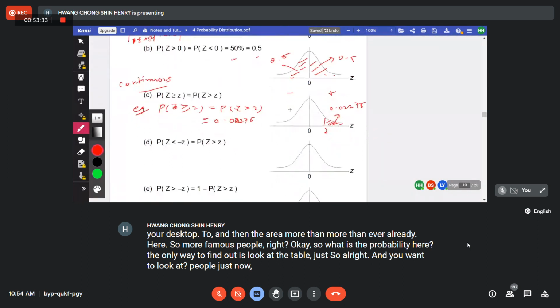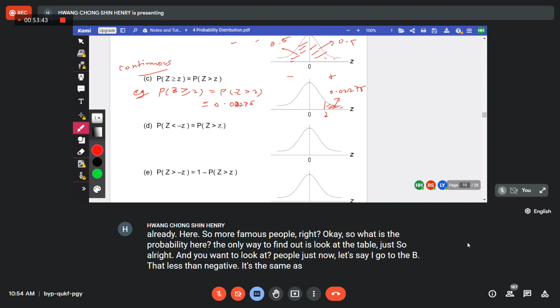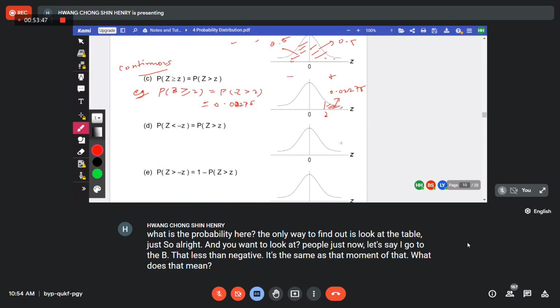Now, let's say I go to the D, Z less than the negative Z. It's the same as Z more than the positive Z. What does that mean? If you are looking at the positive Z, more than means this side.